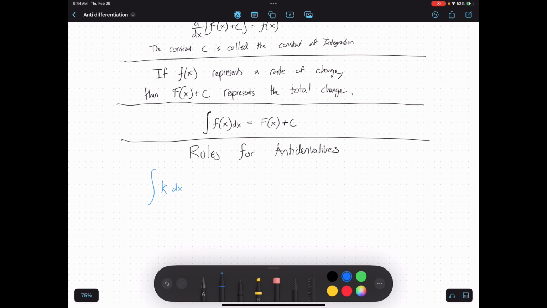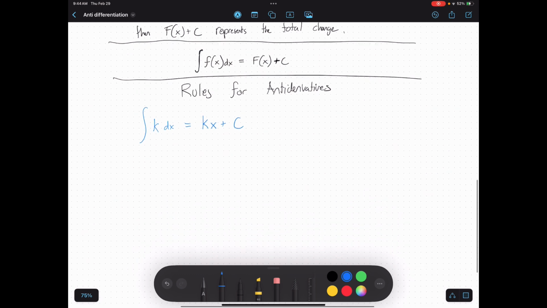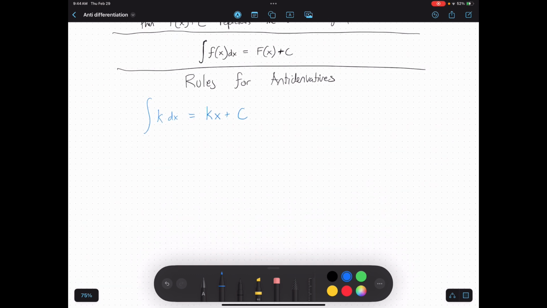When I take the derivative of a linear function, I just get whatever the slope is, and that's a constant. So my antiderivative is just kx plus c. Remember, we're always going to have that plus c to show that there's an infinite number of different functions that work for this. Okay, so there's my constant rule for antiderivatives.